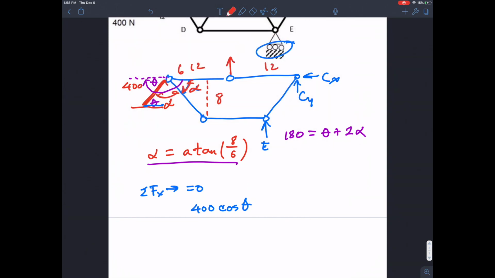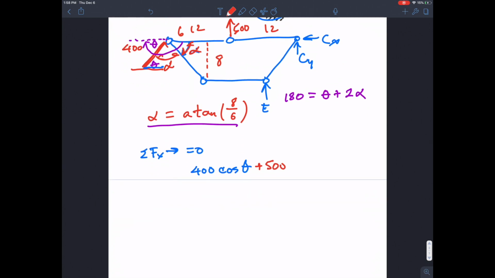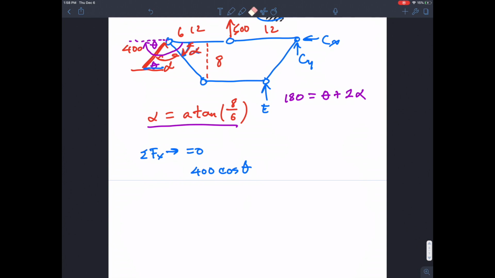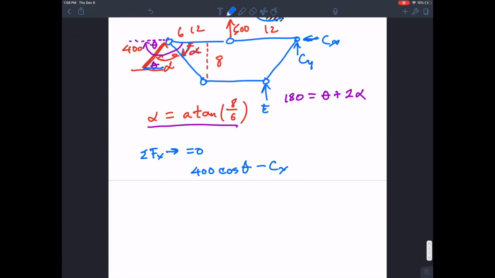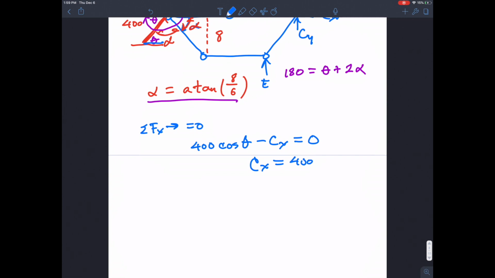There's also this 500 Newton force. Alright, so plus 500. Okay, then we have, I'm sorry, that's not in the x direction, that's in the y direction. Okay, then in the x direction we also have minus CX, because CX is moving back to the left, minus CX is equal to 0. So CX is 400 cosine theta. So if you calculate theta, plug that into your calculator, I get CX to be 112.